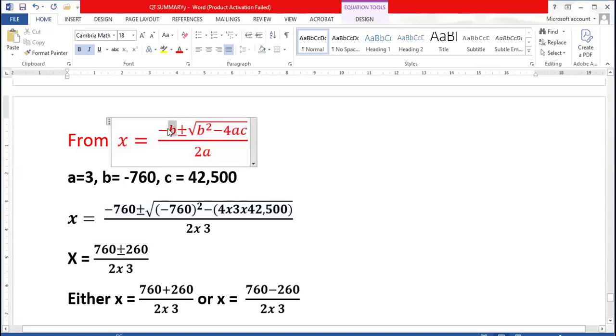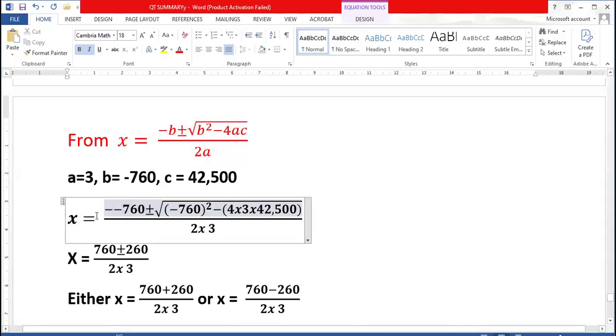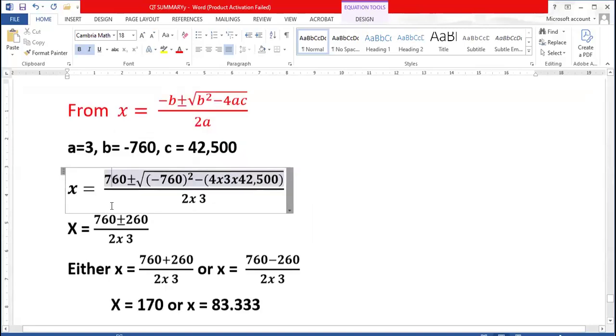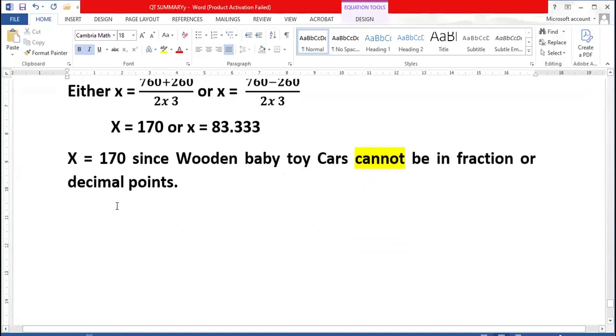Then I put what is B. B is still negative. So negative, negative means positive. So that's why I am just writing like this. Thank you. Okay. Any other question?